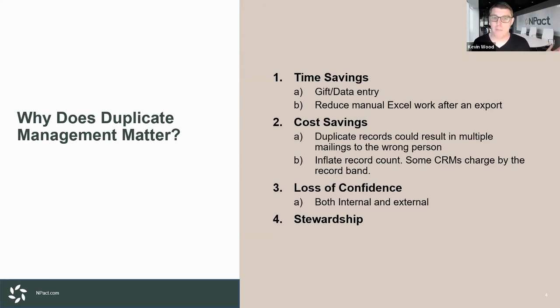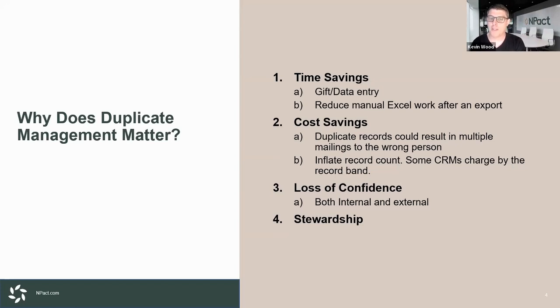Cost savings. When we go to send out a mailing list, it looks horrible and it's a waste of money when we send 4 magazines to the same house, or even to the same person at the same house. And that goes into 3 and 4 together. Building confidence within our office is such a difficult struggle, especially if we're new to our role as a database manager.